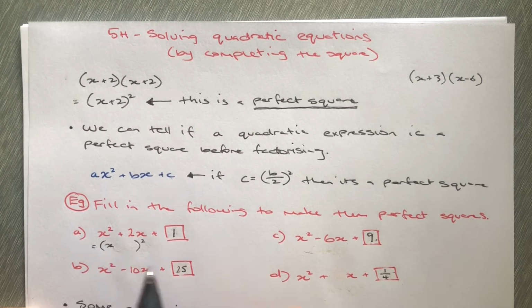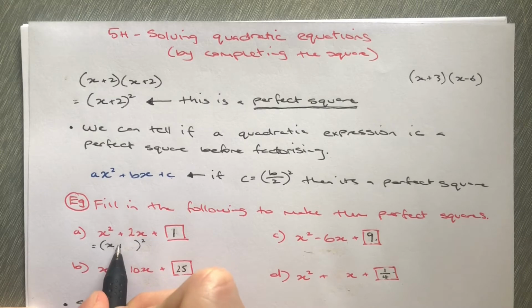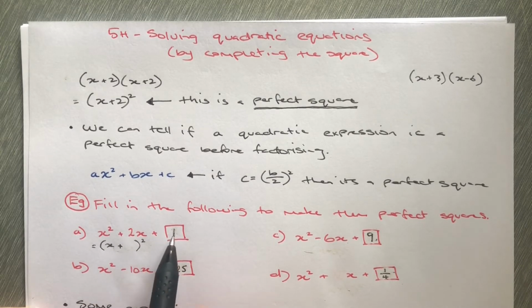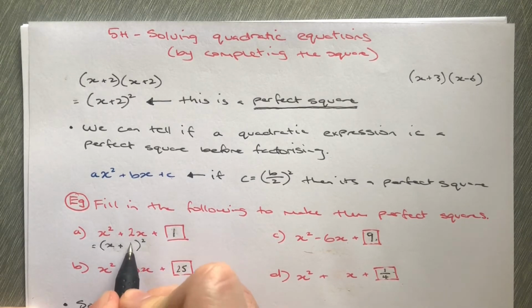If it's a minus there, it's a minus. So because there's a plus there, that's a plus. The thing that goes in here is the square root of whatever that number is. So number 1, we've just factorized it. It's as easy and as quick as that.